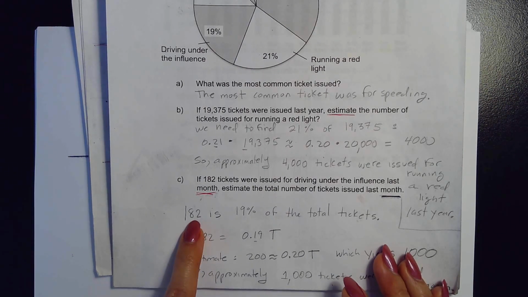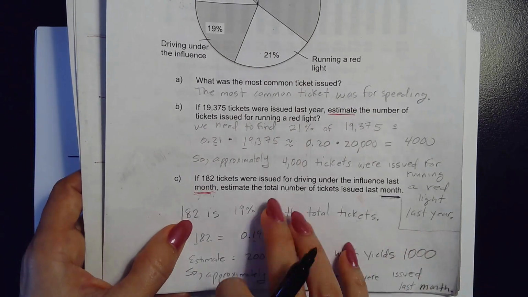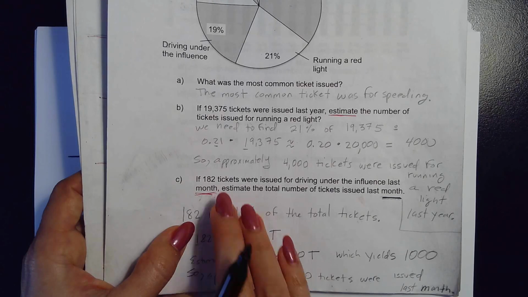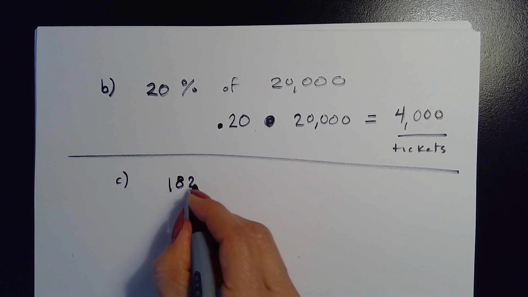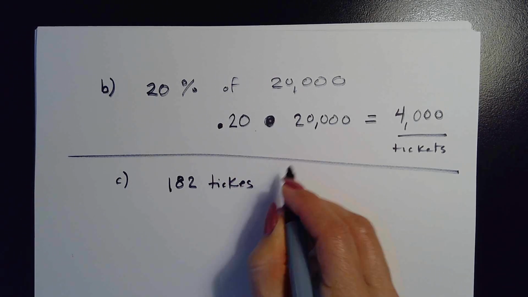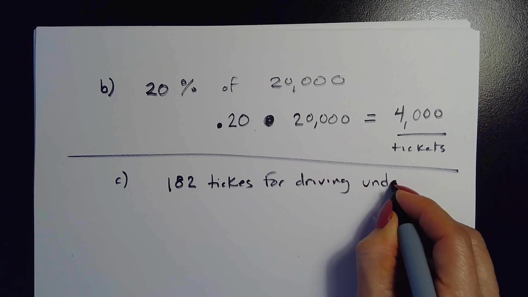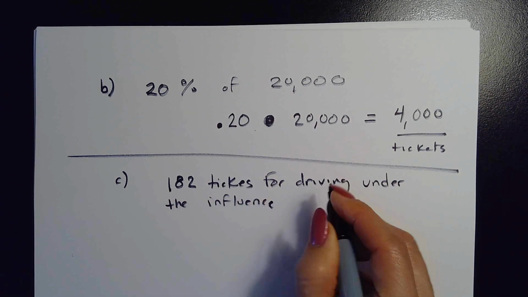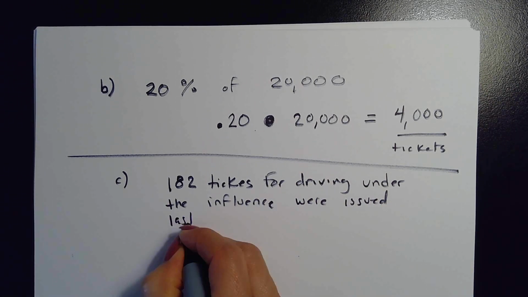You have 182 tickets that were issued for driving under the influence last month, right? And you want to figure out the total number of tickets issued last month based on that information. So we know that 182 tickets for driving under the influence were issued last month.